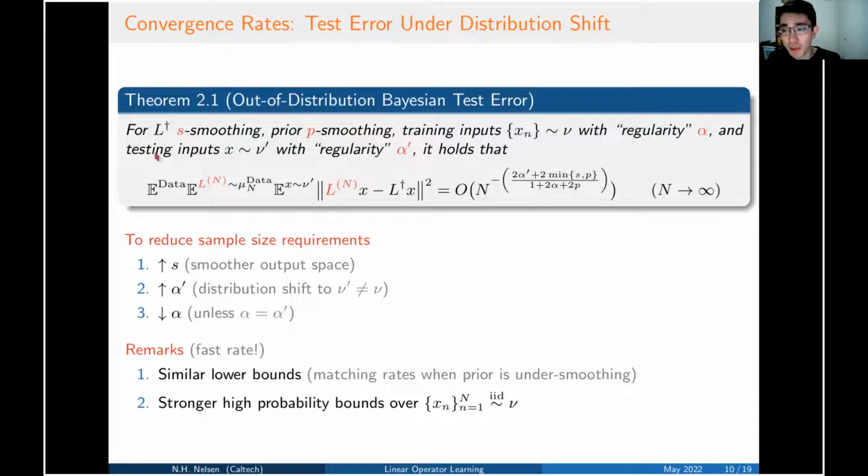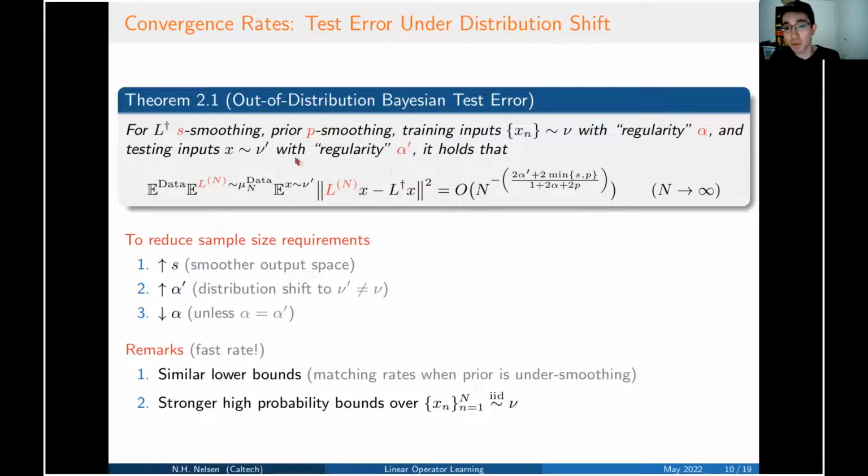And we're actually doing distribution shift here. So we're actually measuring the error outside of the distribution that we trained on. So we have a new measure, nu prime, and we're assuming that the samples from that measure have a different regularity alpha prime.